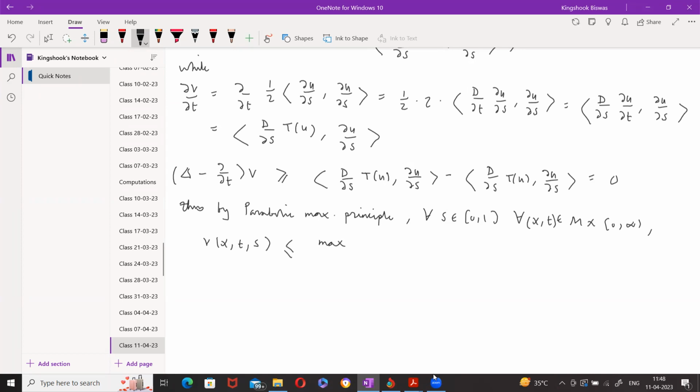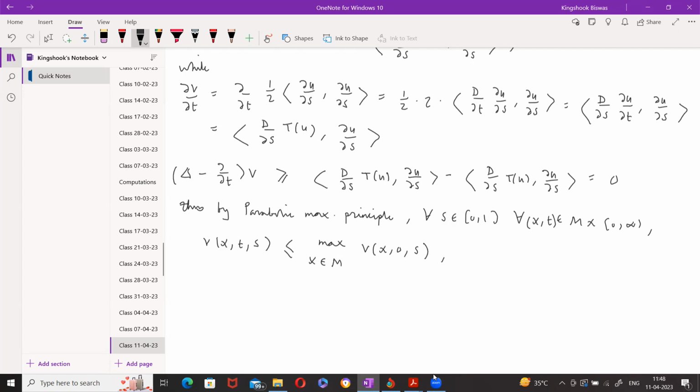The maximum value is attained at time 0, right? That's what the parabolic maximum principle says. So this is the max over x in M of V of x, 0, s. Is this clear? This is what we wanted to prove, right?